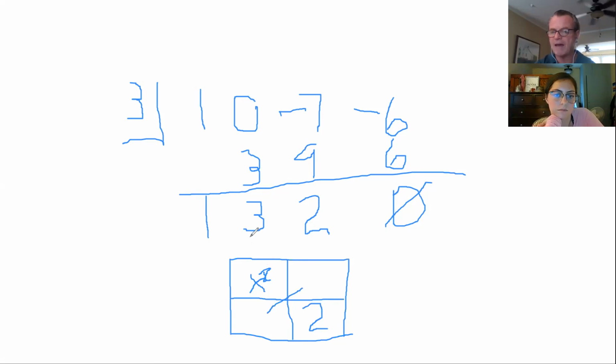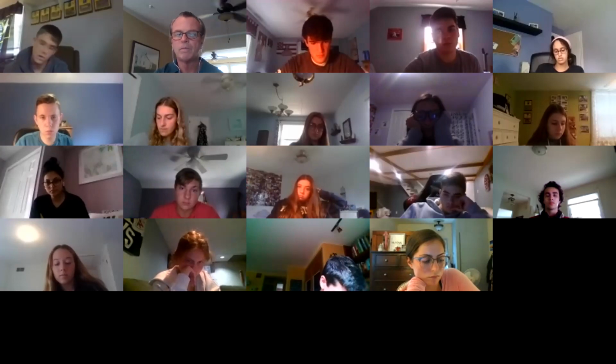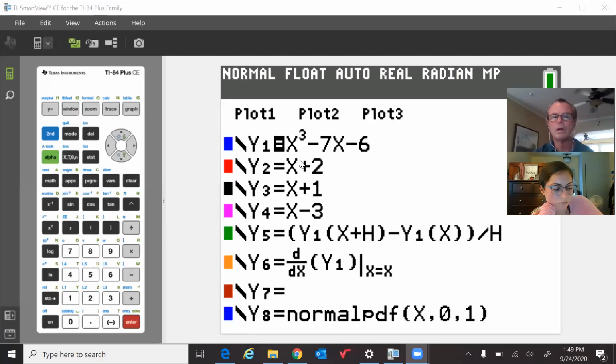So when you work it out, you'd have x and a 2, x and a 1. Doesn't matter where you put the 1 and 2. And then when you fill in these cells, this would give you 2x and x, which add up to 3x. So it's taking you back to these factors, x plus 2, x plus 1.